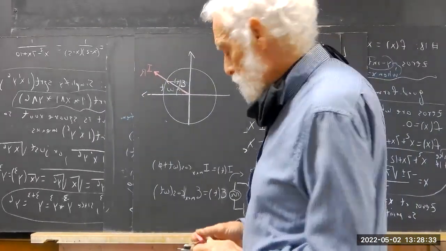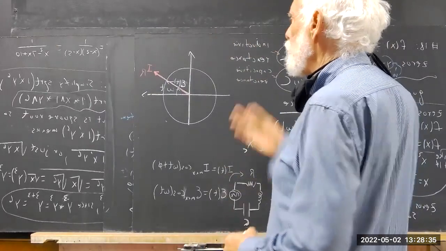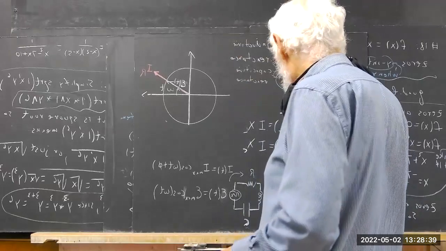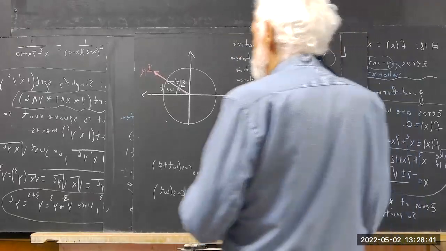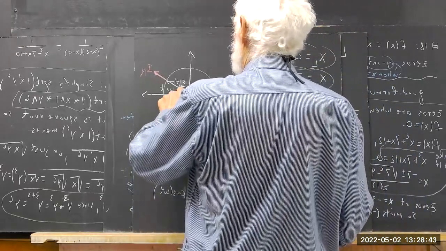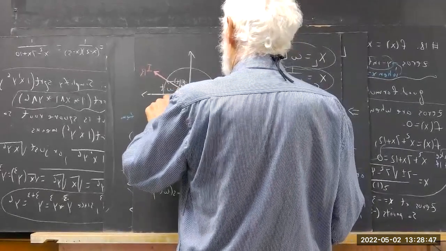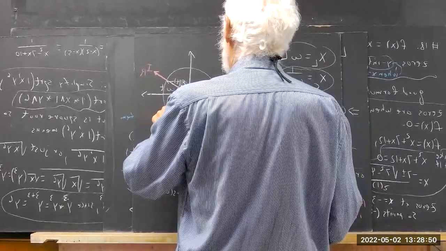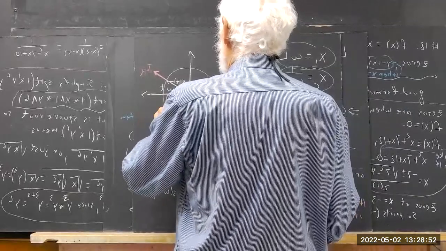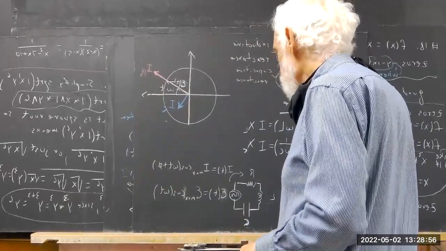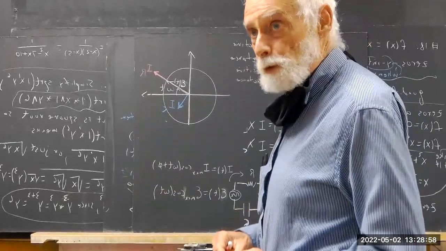Current through your capacitor lags the current through your resistor. So there's your current through the capacitor.